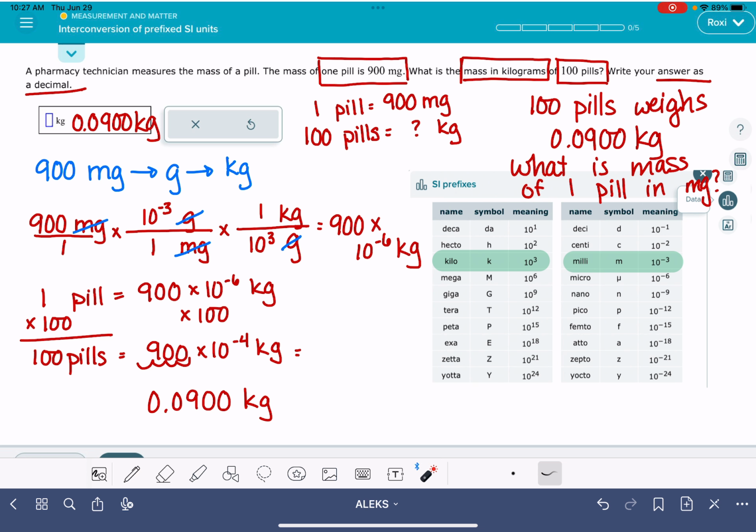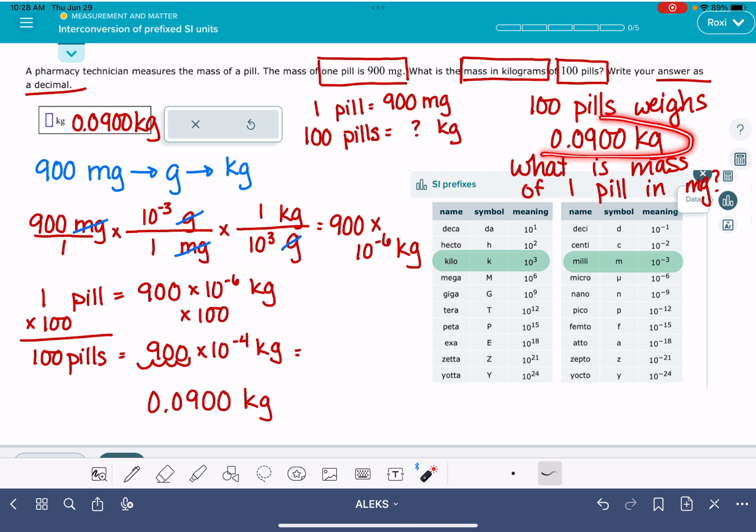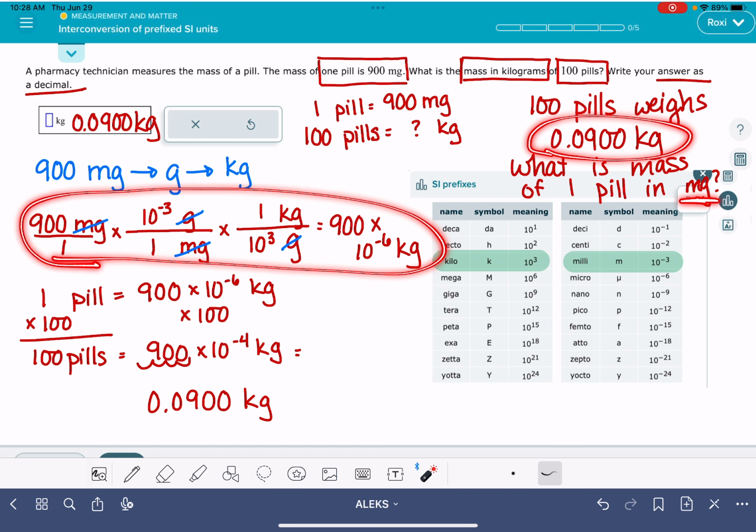It's basically just asking you to do the opposite. If you have this version of the problem, you're going to do the exact same thing. You're going to start with your unit conversion. If this was my problem, I would start by converting 900 kilograms into milligrams. So start by doing your unit conversion.